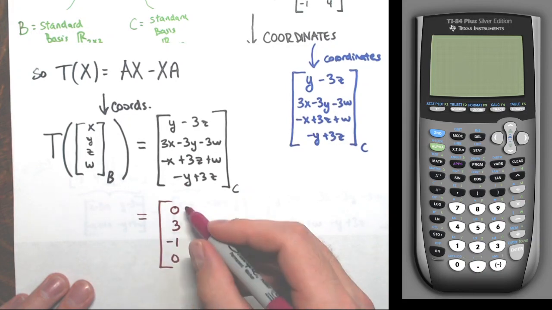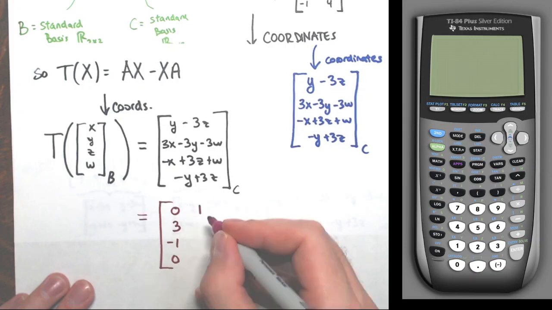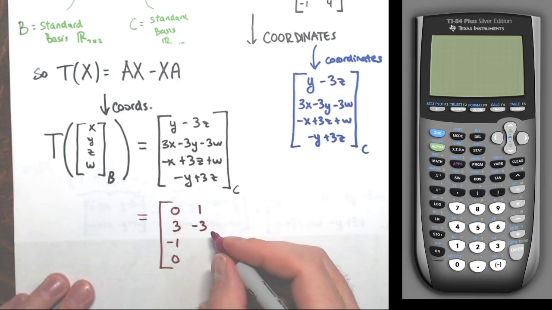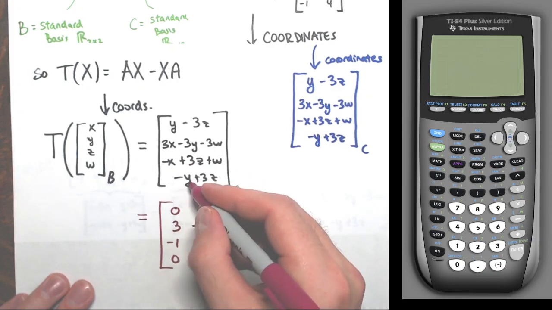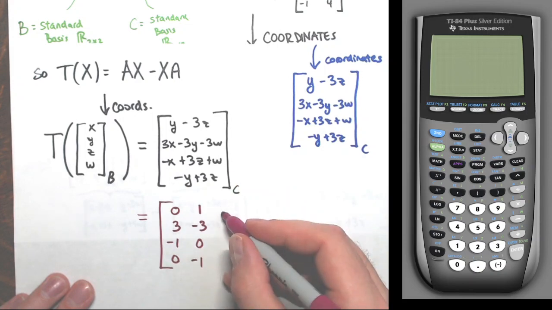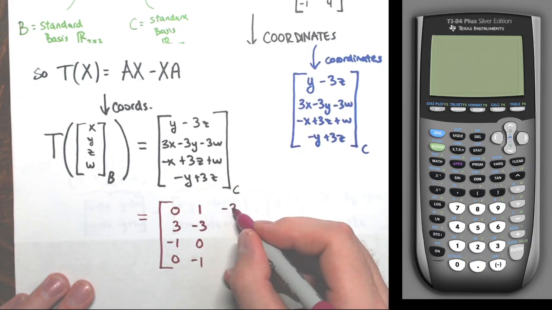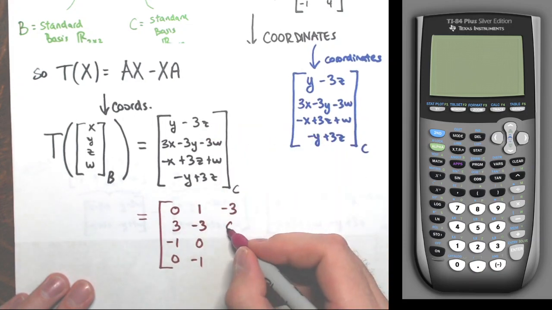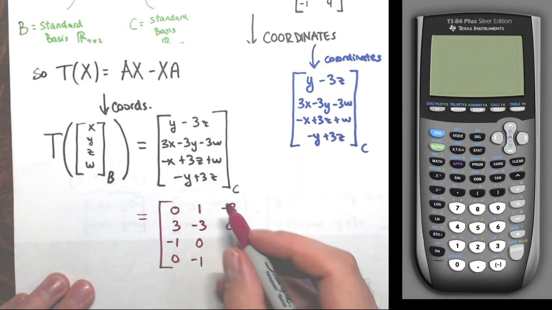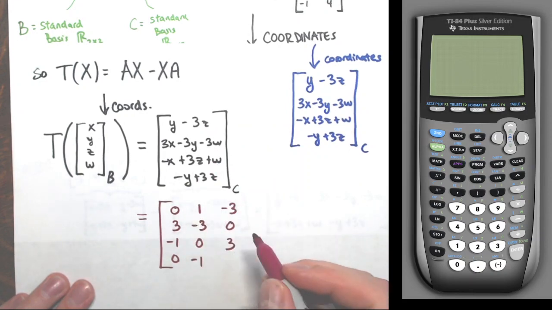Then the coefficients of y: 1, negative 3, 0, and then negative 1. Then the coefficients of z: negative 3, no z, 3z, 3, and then 3.